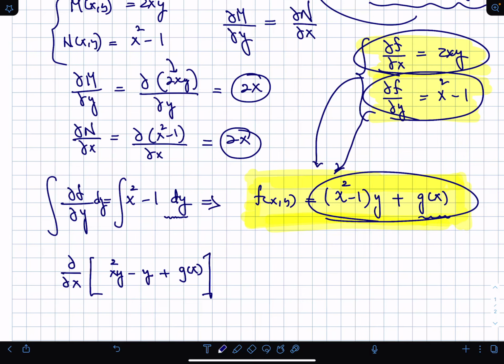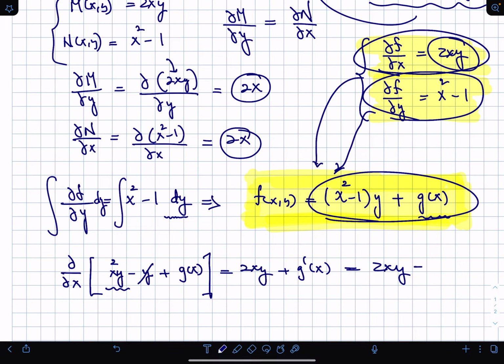Now, if I took the partial of that with respect to x, it tells me that the result should equal 2xy. Well, the derivative of x squared y with respect to x will be 2xy. The derivative of y with respect to x will be 0. And the derivative of g of x with respect to x will just be g prime of x.